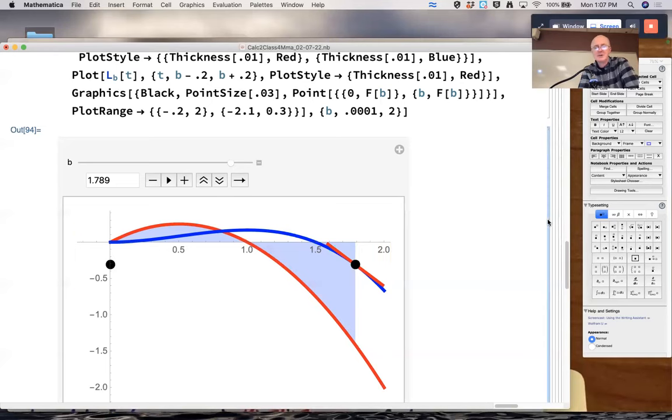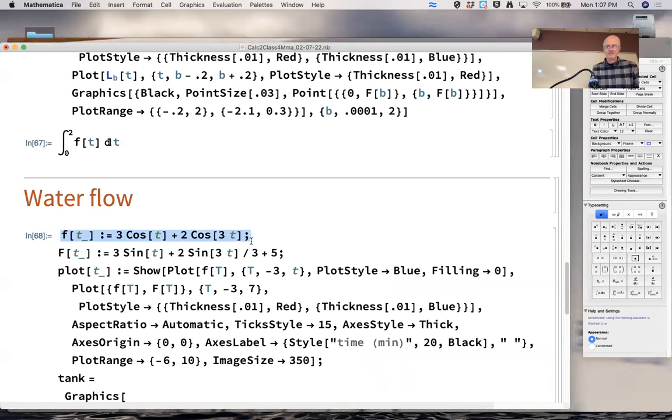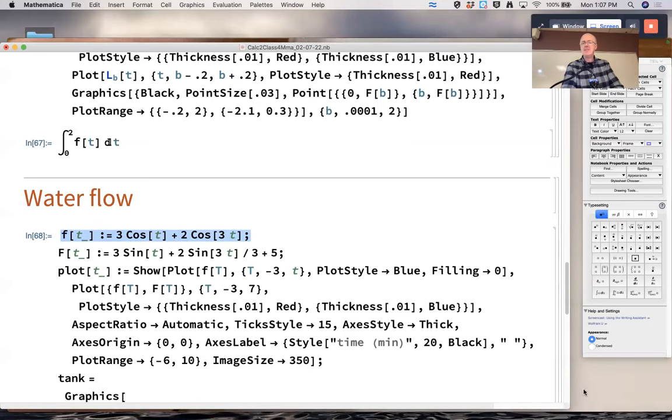This also applies to flow rate problems, water flow, for example. This is going to be kind of a wild example. I'm going to have an example where my little f of t is 3 cos t plus 2 cos 3t. That's going to be my flow rate.